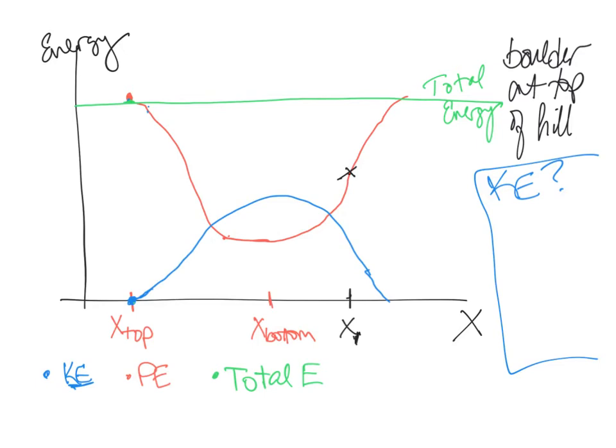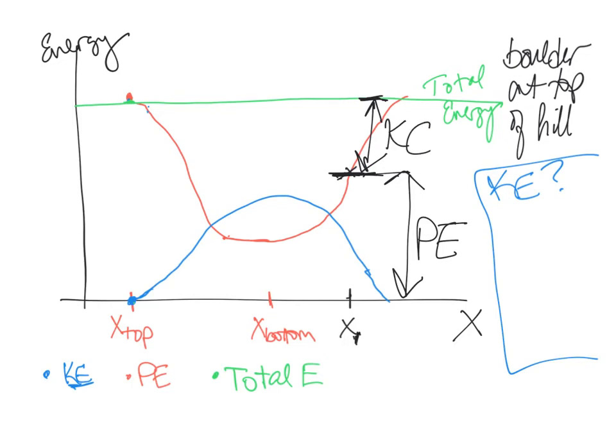I know the potential energy, right? That potential energy is this value. I know the total energy is this value. So the distance between the potential energy line and the total energy line is the leftover energy, which is in the form of kinetic energy. That's a really common problem that you'll see, okay?